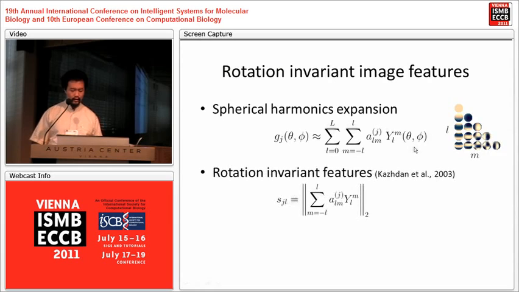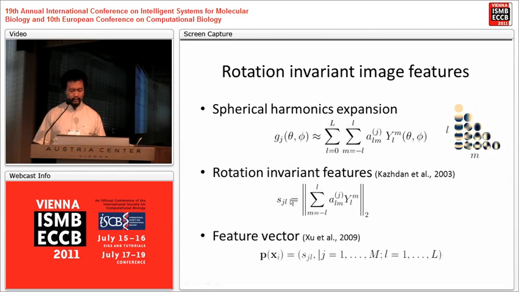A previous study shows that given such an expansion, the L2 norm of the inner sum is rotationally invariant. Therefore, we can collect all the L2 norms from all these L's and all concentric shells to construct a rotationally invariant feature vector for a given voxel.